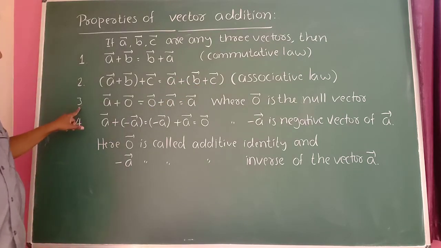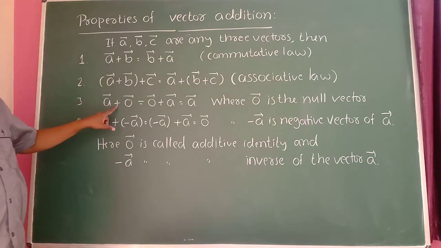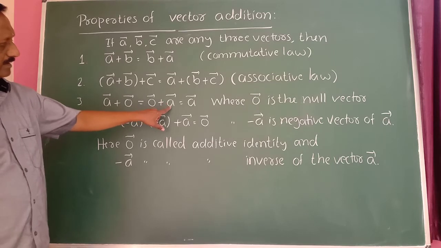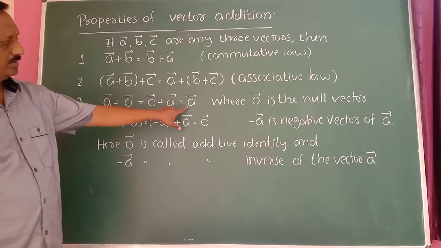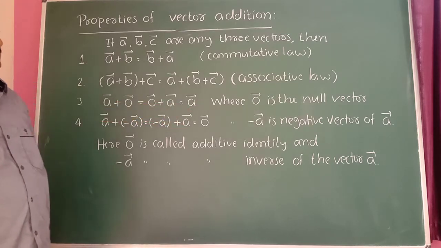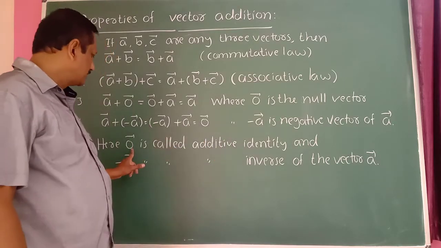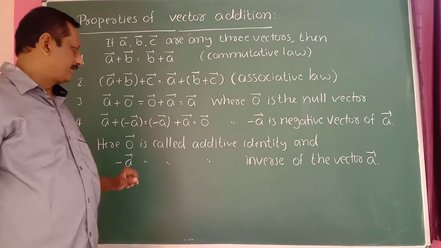And the third property, the vector A bar plus the null vector is equal to null vector plus vector A bar is equal to A bar here. Where O bar is a null vector, it is called the additive identity.